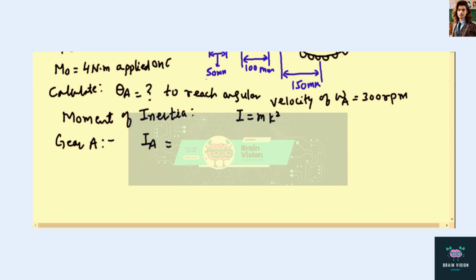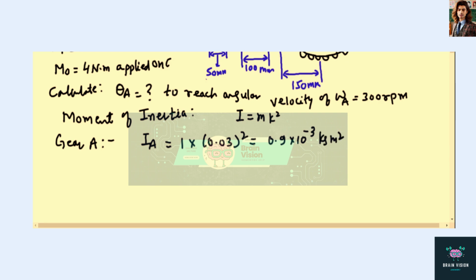The mass of A is 1 kg and its radius of gyration is 0.03, so you get 0.9 into 10 to the power of -3 kg meter square.